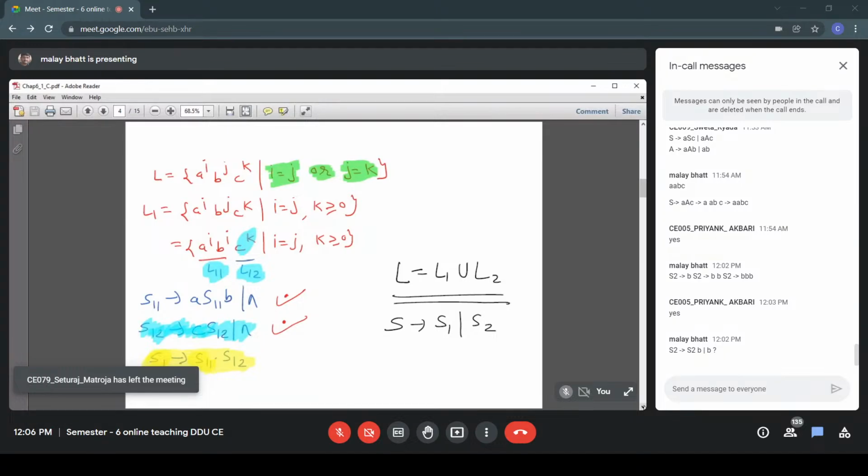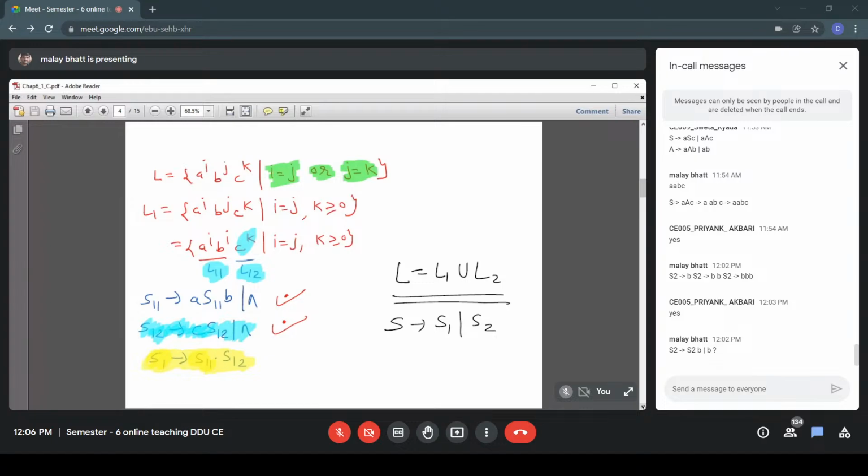So if we rewrite this, we are getting A raised to I, B raised to I, because I is equal to J, and C raised to K. So from L1 language itself, we are getting two languages. I'm giving them L11 and L12. And it is a concatenation of two languages, L11 into L12.